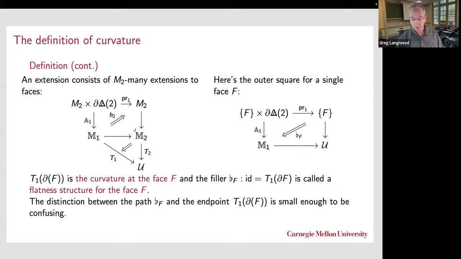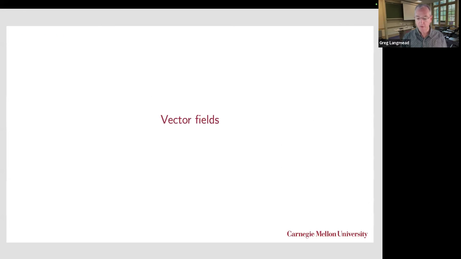This distinction between a rotation by 90 degrees and a path from the identity to rotation by 90 degrees, I get confused. Mathieu and I would sit around and argue about which one deserves the name angle. I still don't know. So that might be a point of confusion.